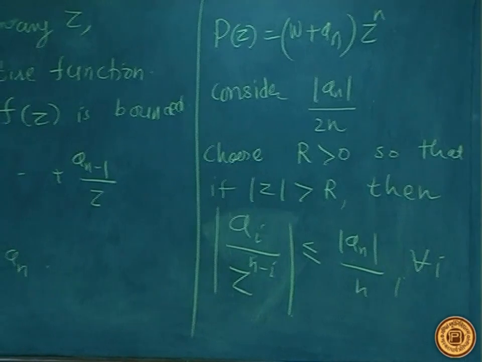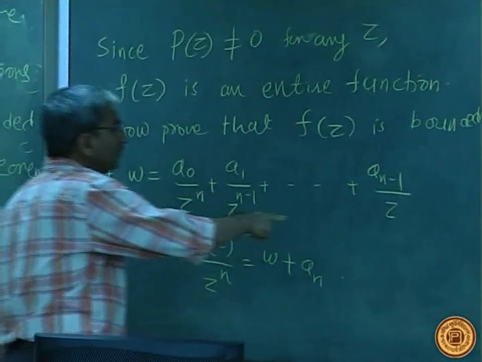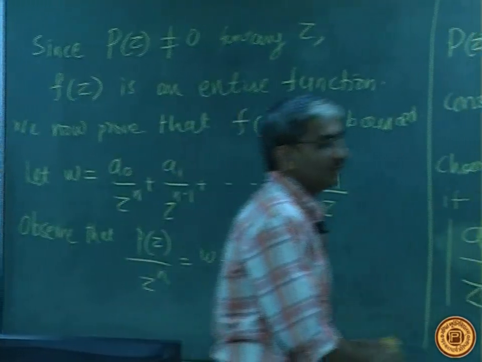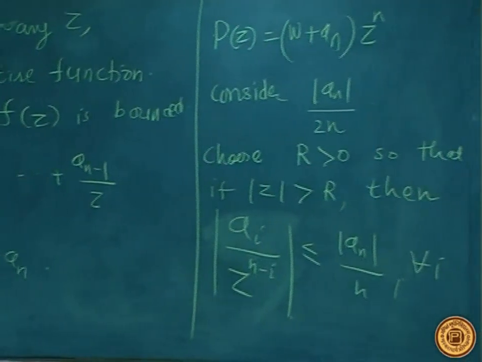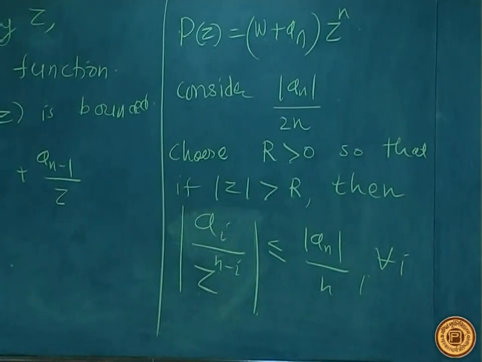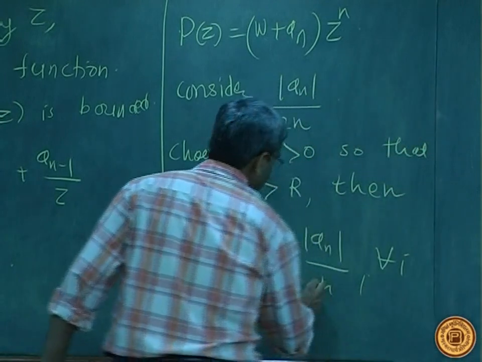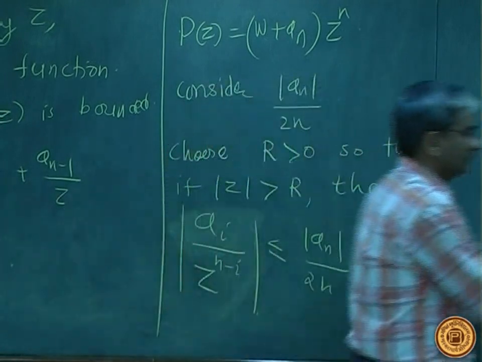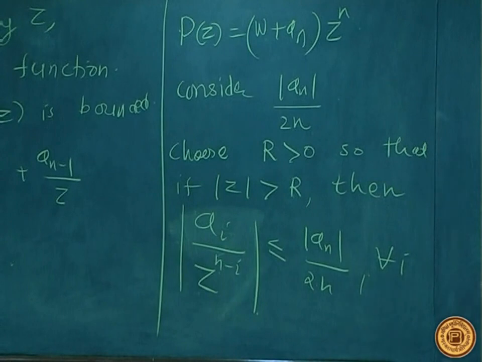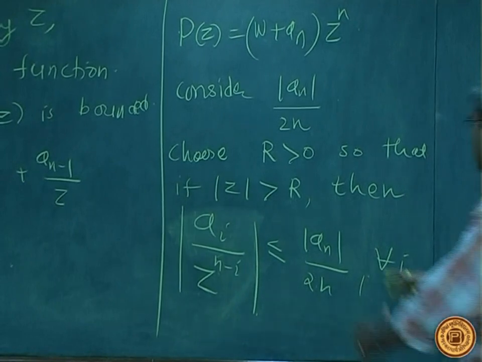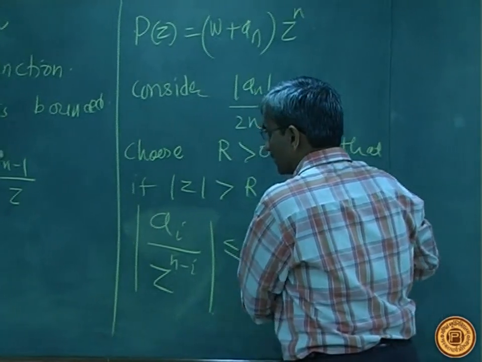So mod w will be less than or equal to, now these are n terms, so mod w will be less than or equal to mod an. Okay, so maybe this is an upon 2n. That is some number chosen just for adjusting the bound, there is nothing much. You can choose any convenient constant here, alright.